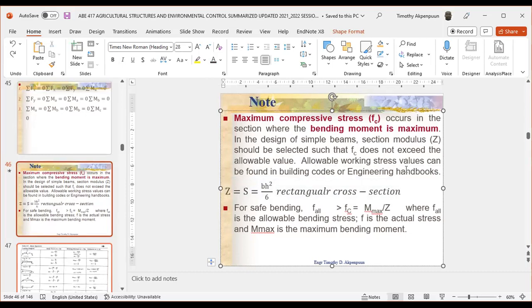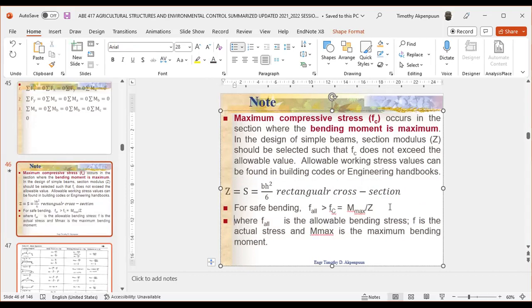And it's saying that FC does not exceed the allowable value. So look at it here. FC is your design value. This is your allowable stress.